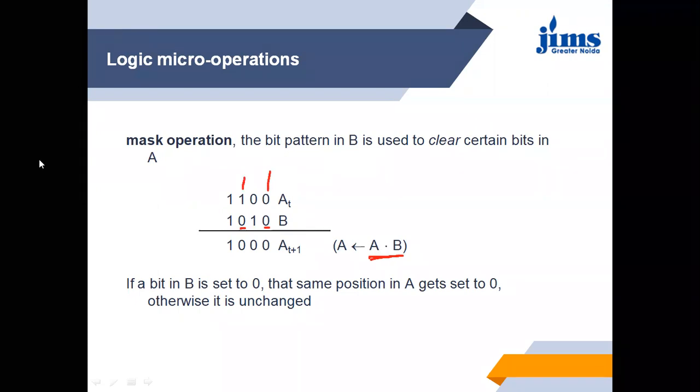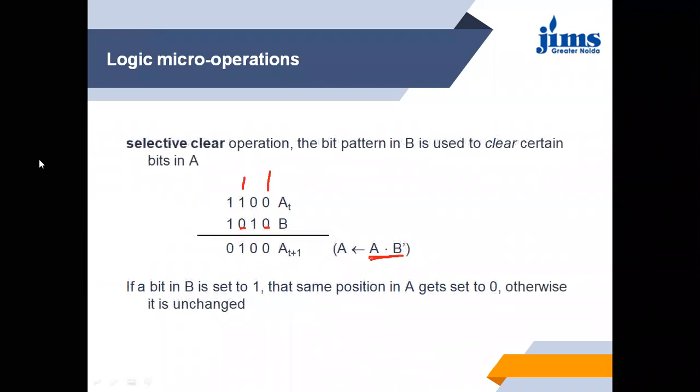From the last slide, when we discussed selective clear, we put 1 when we have to clear the content, and we use A dot B bar.